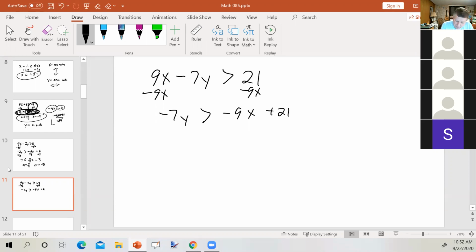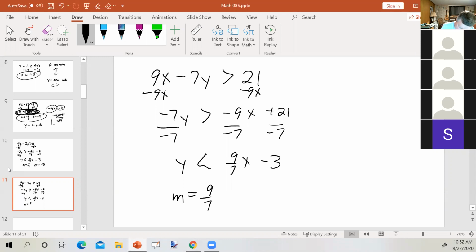Then we're going to divide everybody by negative 7. So y is less than 9/7 x minus 3. Okay with that? Now, the slope is 9/7 and the y-intercept is negative 3.